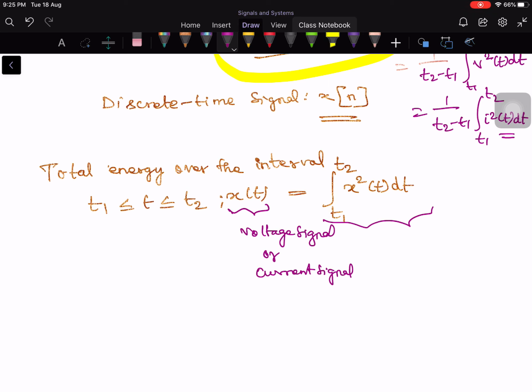Okay, and since I said if the signal is a complex signal, then take x of t and find the modulus value, that is the magnitude of the signal x of t, and then square it and integrate over the interval t1 and t2. So this definition is used for a complex valued signal.